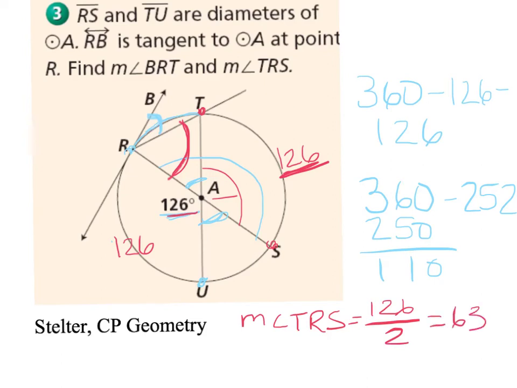And then for this one, if we cut 110 in half, so if we divide that by 2, we end up with 55. So this arc right here is 55, which makes that angle half of 55.